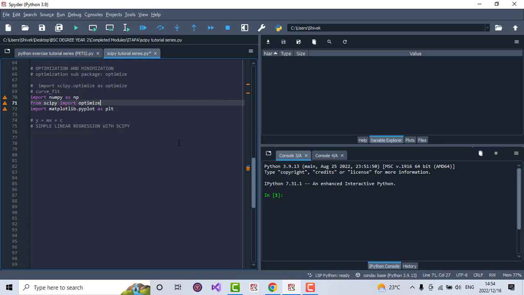So instead of doing from SciPy import optimize, which would mean we'd have to write optimize.curve_fit, to make life easy for us we can do from scipy.optimize import curve_fit. There we have it.